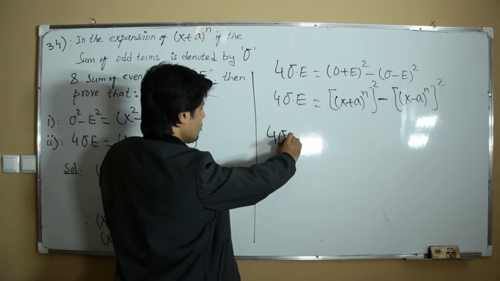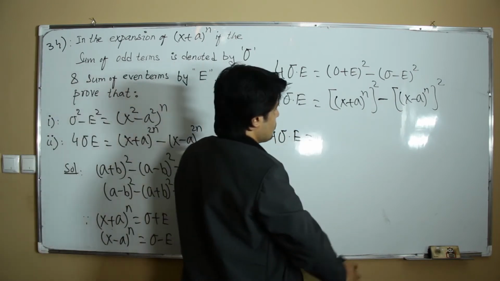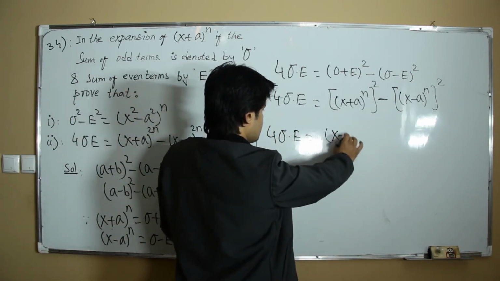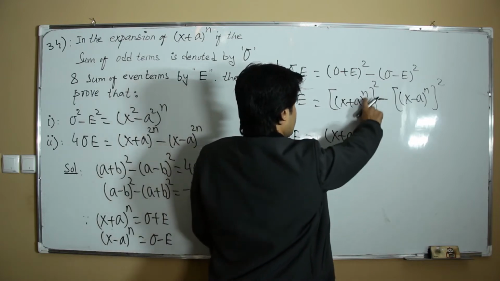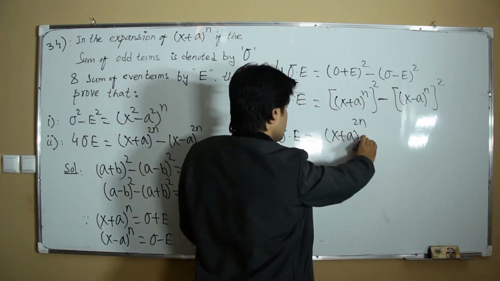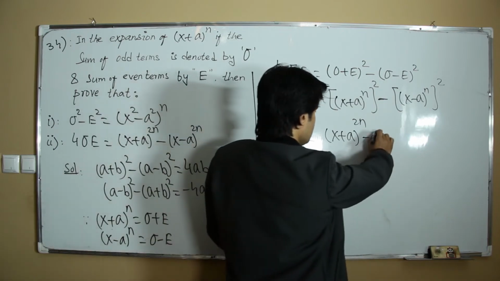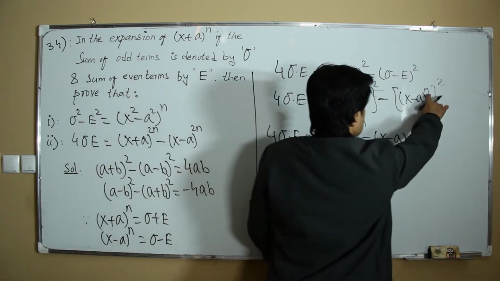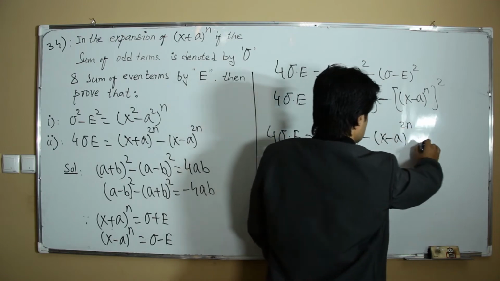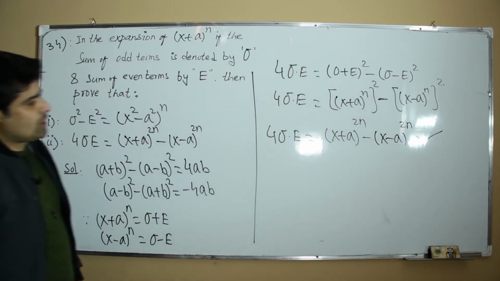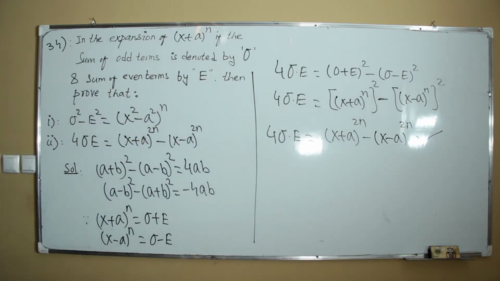So we will have 4OE equal to (x + a) raised to the power n multiplied with 2, it's 2n. Am I right? Yes. Then (x − a) raised to the power 2n. This is the solution for our second option. Write it, please.